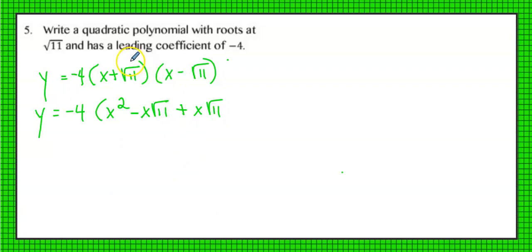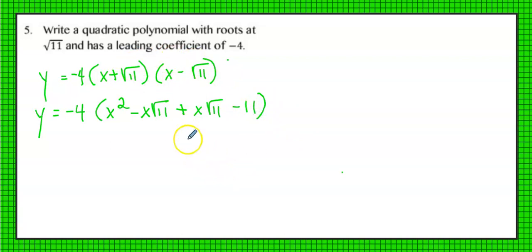And then root 11 times negative root 11 is going to be negative 11, because a square root times itself is going to be just whatever's under that radical. Okay, and so when we square something that's under a radical, we just take it out from under the radical, and it's a positive times a negative. Okay, let's put our parentheses there.